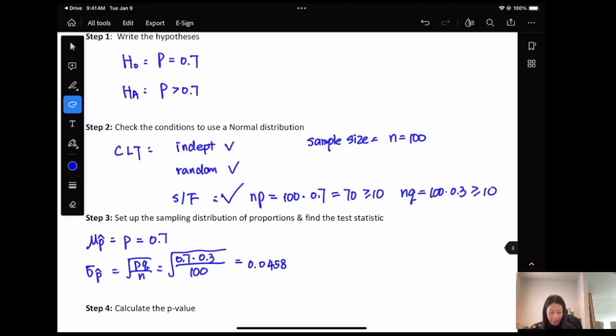Okay, next is the test statistic. Z equals p hat subtract mu p hat, divided by sigma p hat. All right, so p hat is equal to what? p hat is the sampling proportion, the sample proportion.